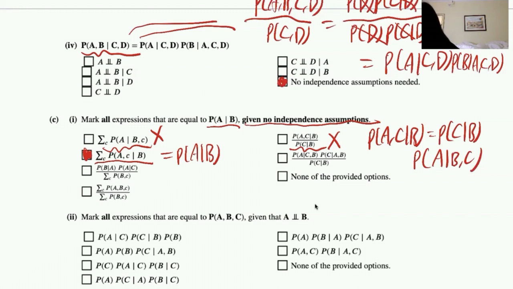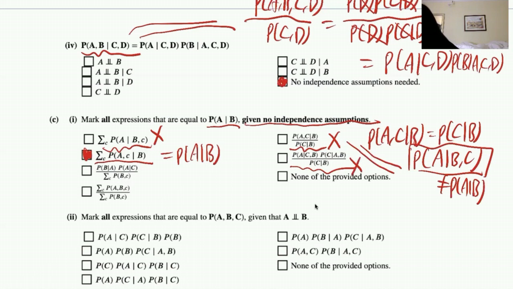So this term should be equal to this term, which is not equal to probability of A given B. Then for this term, it is also not correct if we try to do some derivation.